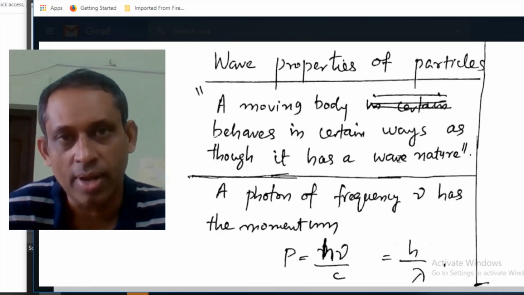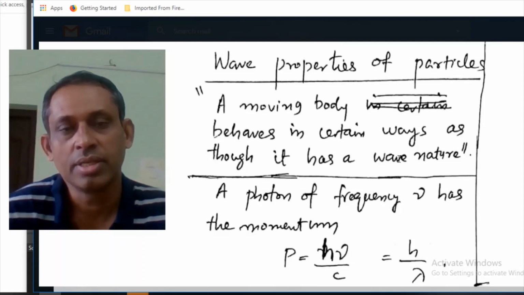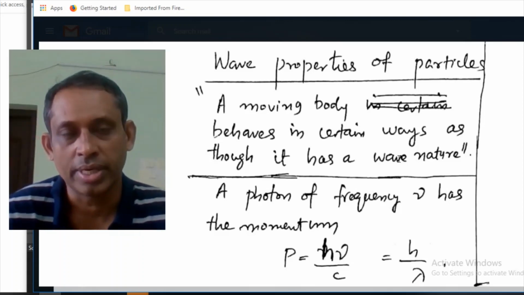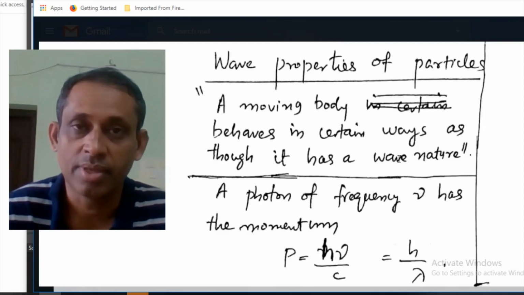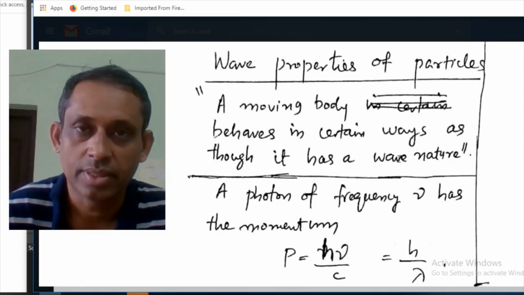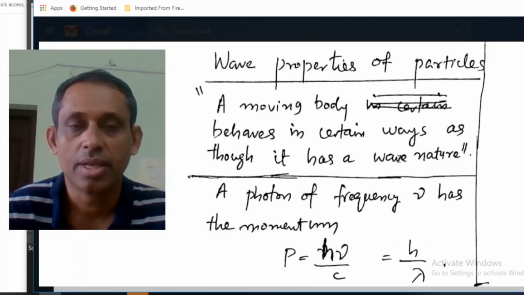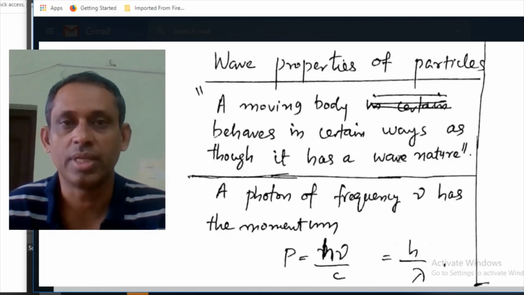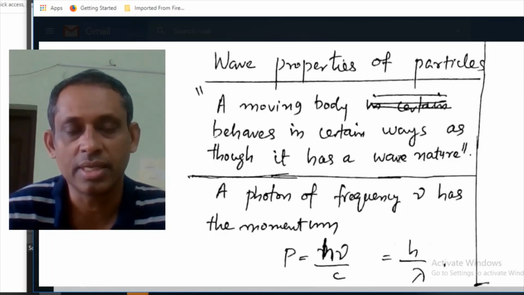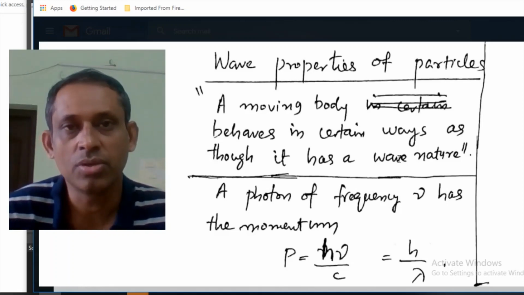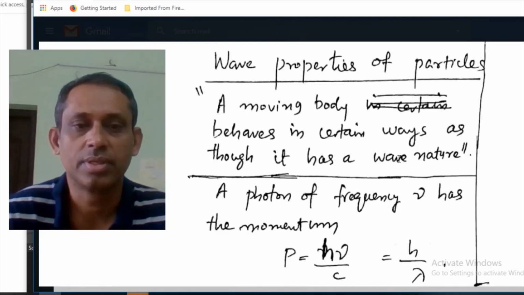All these required radiation to be considered as particles. Now we move on to the next section where we discuss wave properties of particles.